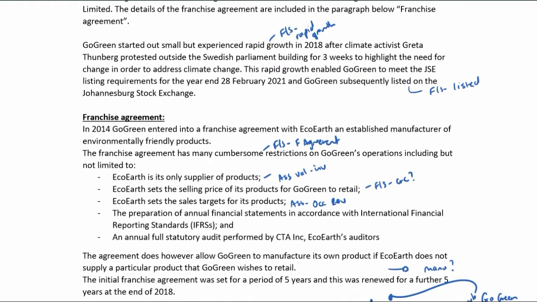So the first thing I've got here is there's rapid growth. That's a risk at the financial statement level for the company itself. So I'm going to put it down. So I'm doing question 2. And guys, I'm going to set it out the way I had picked up or noted in my analysis, where I'm going to say these are the risks, and then I'm going to have a response.